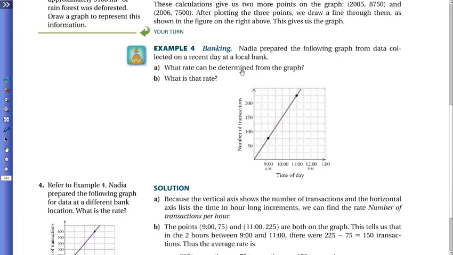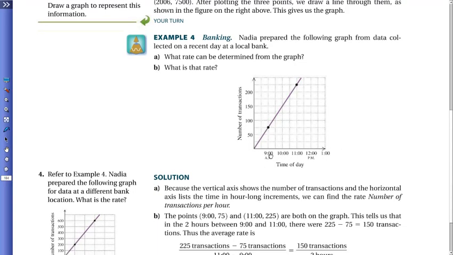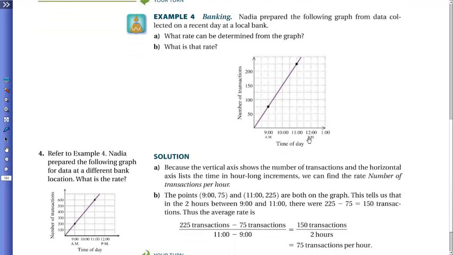And what is that rate? Okay, remember rate is a comparison of two numbers, right? Well, here we have time, right? But this is time of day. It isn't time in years or months or something like that. What they are illustrating here is really a time of day, right? There is a change in time.